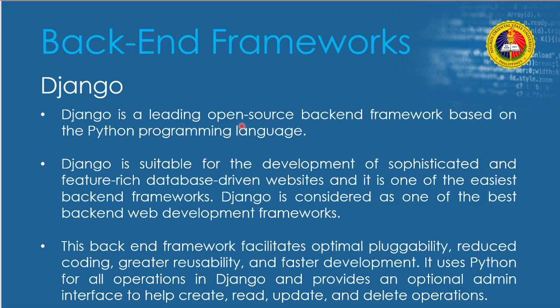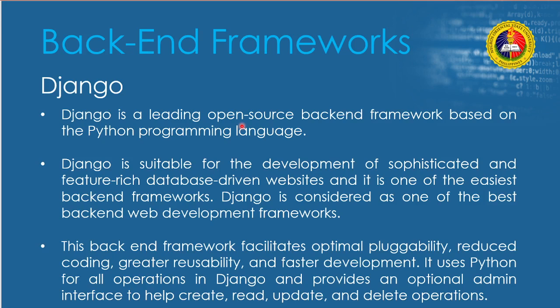Ruby on Rails is one of the best frameworks for web development and is considered by some developers as the best performance web framework. So if you've noticed, Ruby is considered the best, Django is also considered the best, and Laravel is also considered the best. So basically, they are the best in their own programming language.